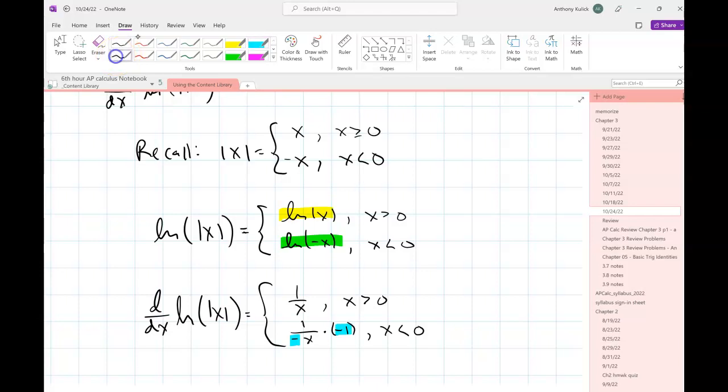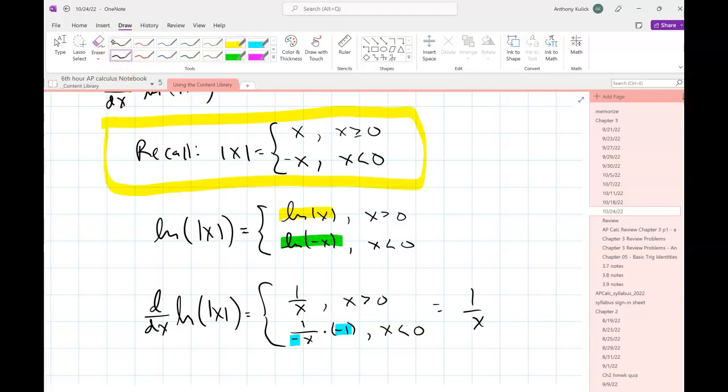Cancel out. So this is just going to equal 1 over x. Okay. This is worth remembering. I've seen on the AP exam absolute value stuff crop up in kind of unexpected or difficult to handle ways. Remembering that piecewise definition could often be quite helpful if you run into those situations.